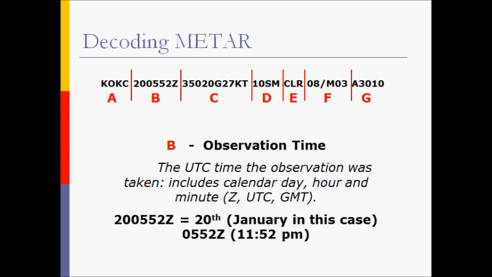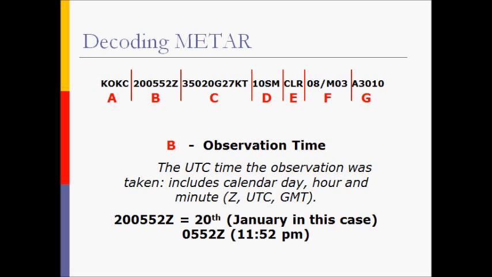Now remember, this observation was taken in Oklahoma City. Part A of this code tells us that. And Oklahoma City is located in the central time zone of the U.S. And also, as we said earlier, this particular METAR was taken for January, and that is when Oklahoma City was observing Central Standard Time.